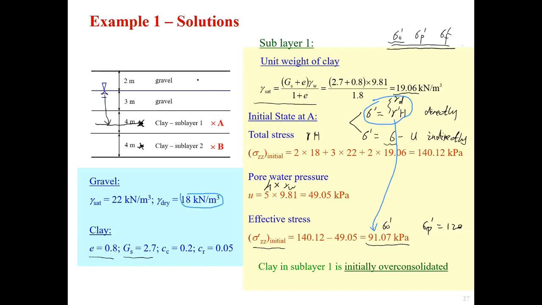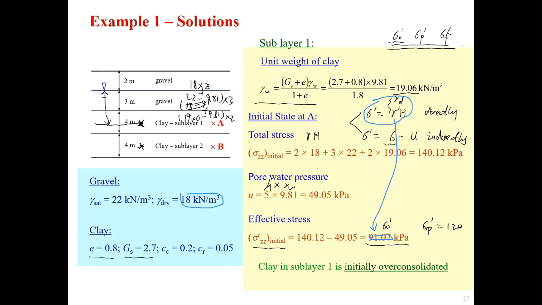No, it will be 18 times 2, plus (22 minus 9.81) times 3, and then plus (19.06 minus 9.81) times 2. If you sum those three expressions together, it will be the same value. It won't be different. It's more confusing.